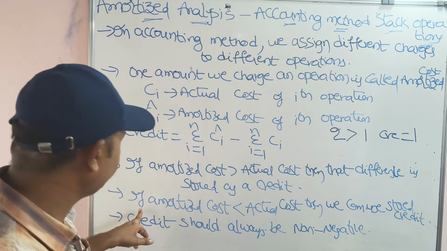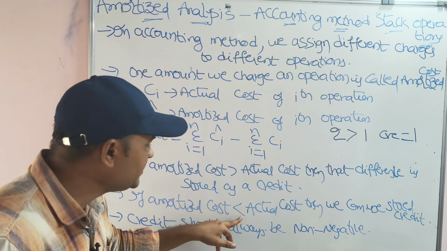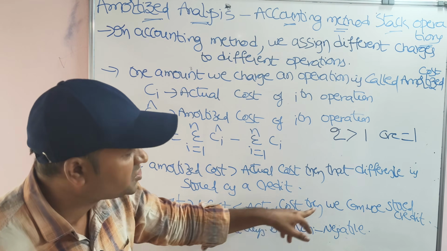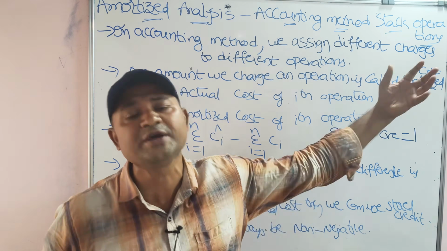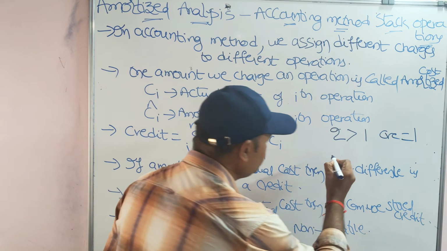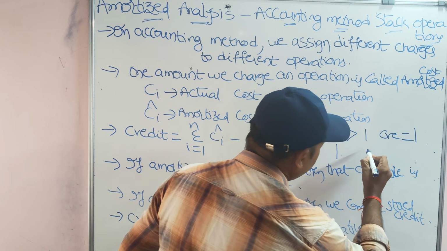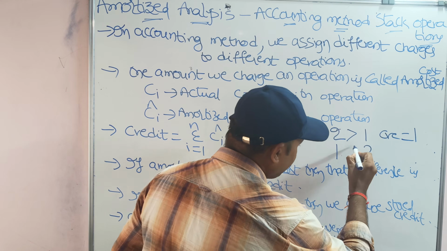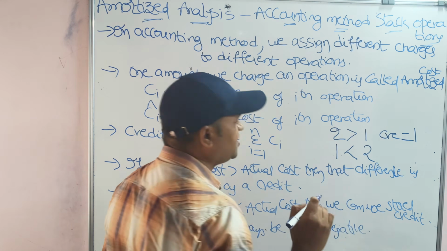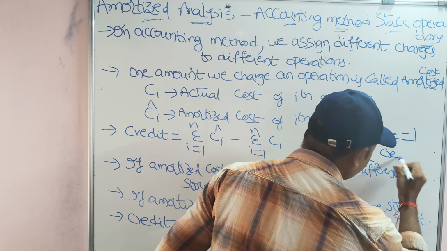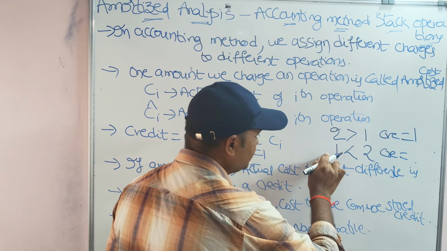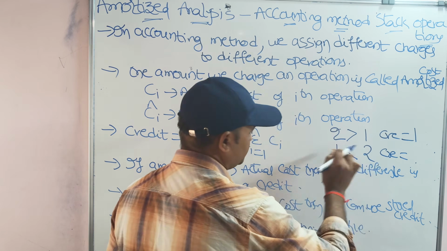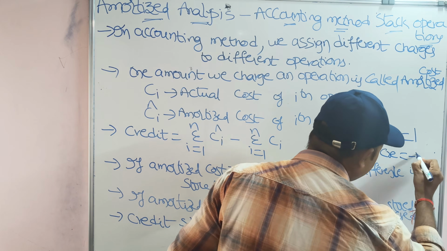Next point. If amortized cost is less than the actual cost, then we can use the stored credit. Let us assume that amortized cost is 1, actual cost is 2. Here amortized cost is less than the actual cost. So now what is credit? The formula for the credit is amortized cost minus actual cost. So 1 minus 2 means minus 1.